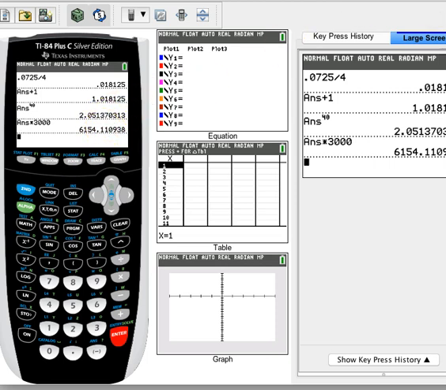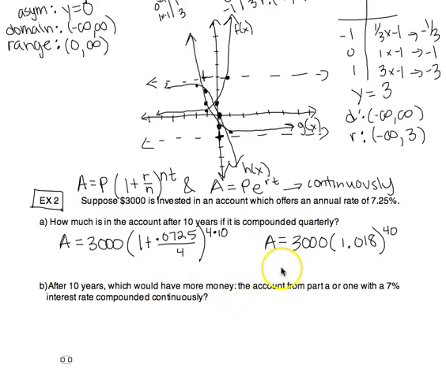You won't get the same answer to the nearest cent if you use just 1.02 instead of that whole decimal. So please use the whole decimal. So here our answer that our calculator gives us is $6,154.11.